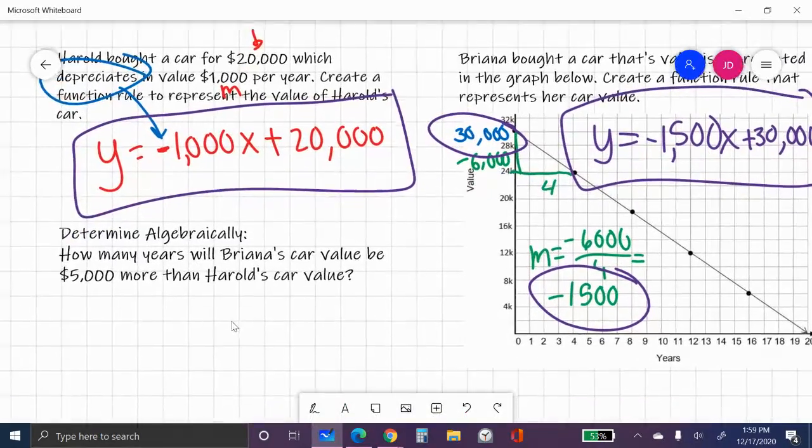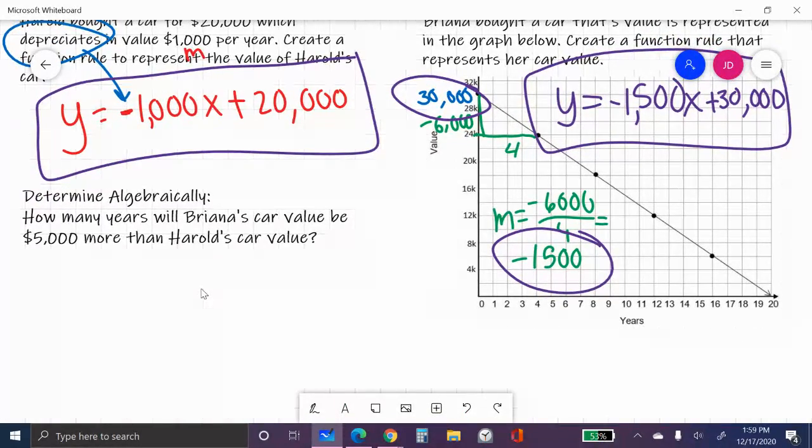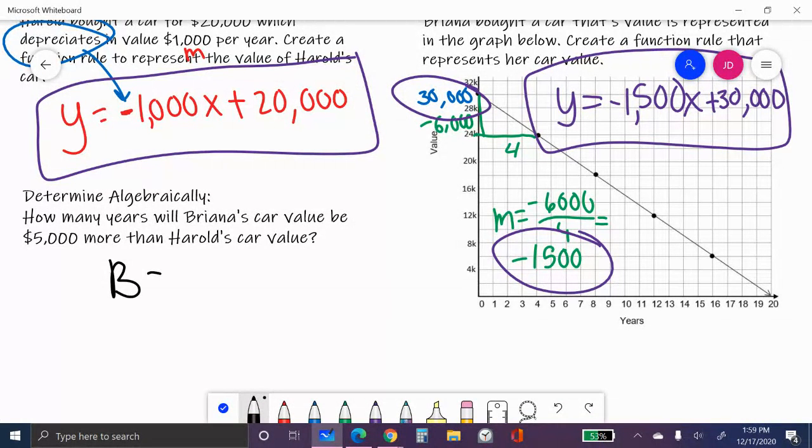So I'm going to give myself a little bit more room. So I want to know when Brianna's car is going to be 5,000 more than Harold's car. So that's kind of like the pre-equation, I call it.